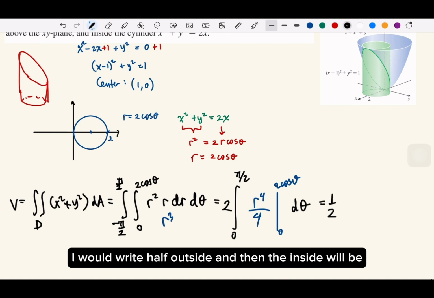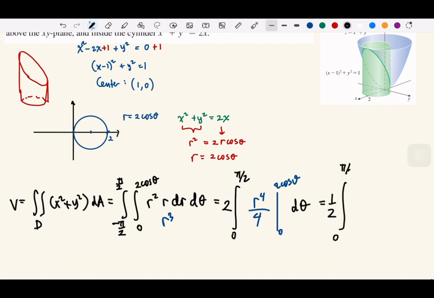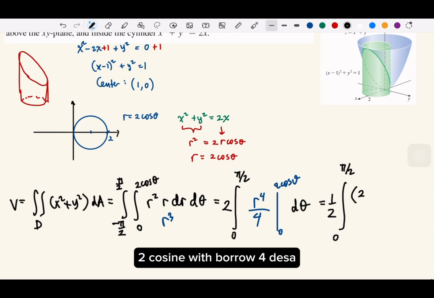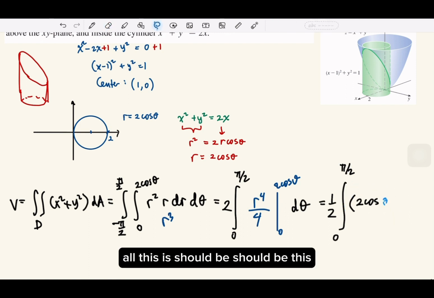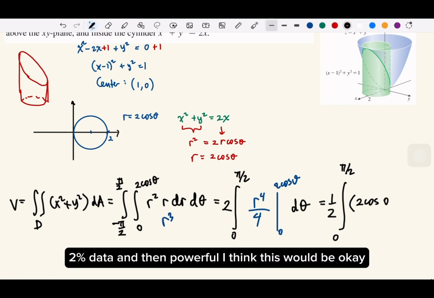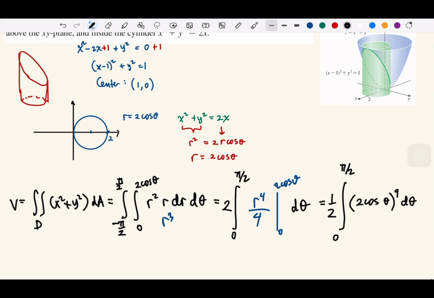And then the inside will be 2 cosine theta to the power of 4. Oh, sorry, 2 cosine theta and then the power of 4 right there. I think this would be okay.